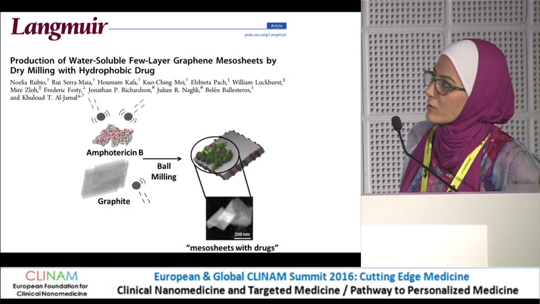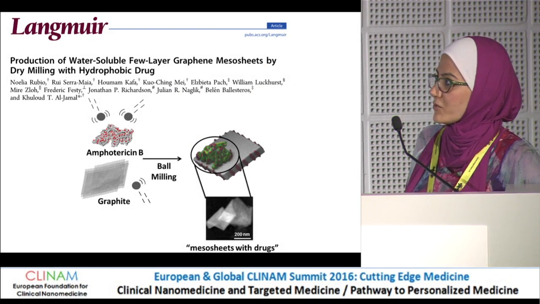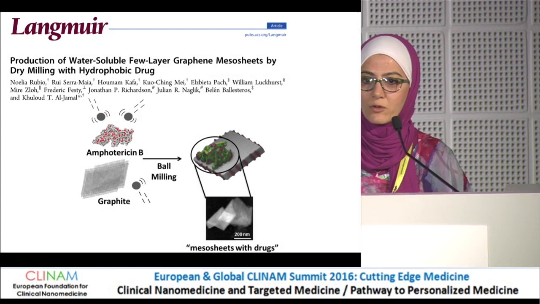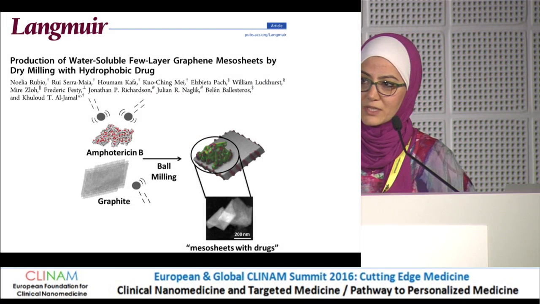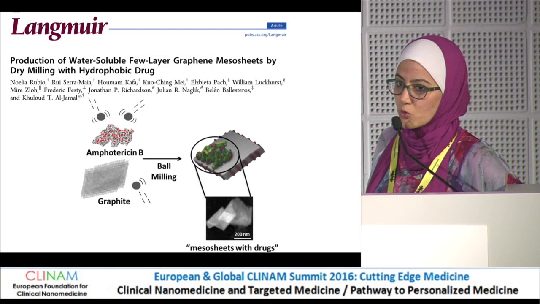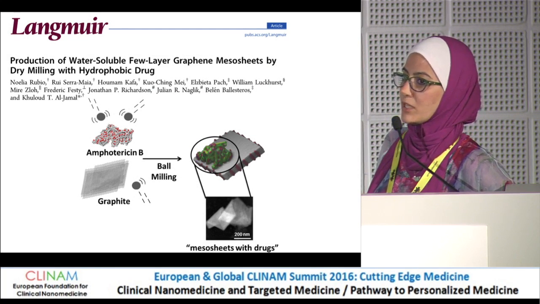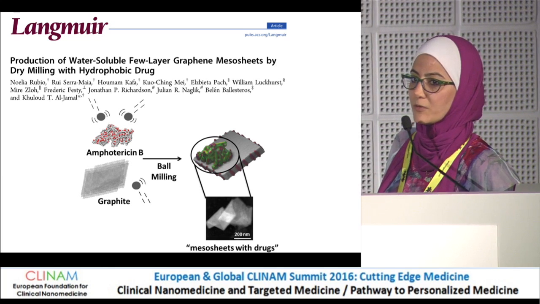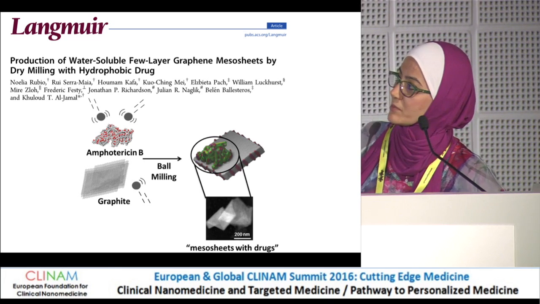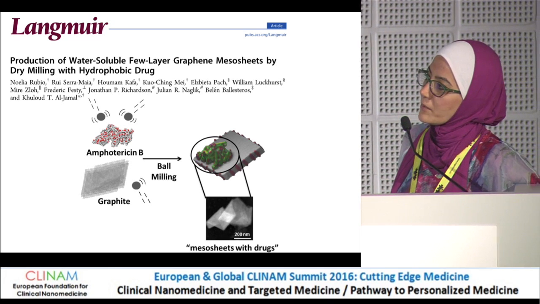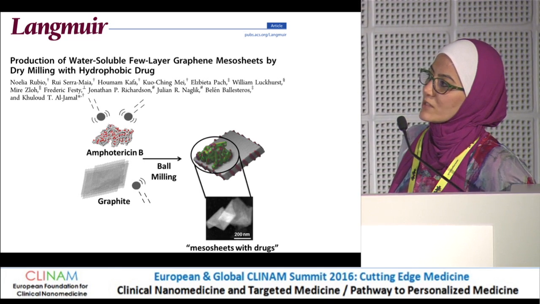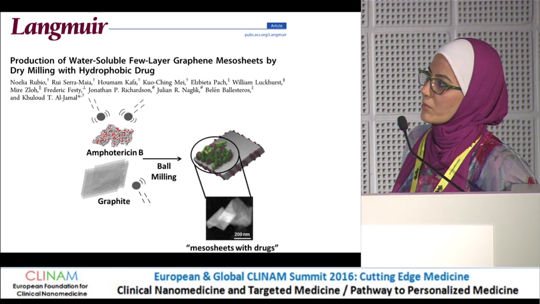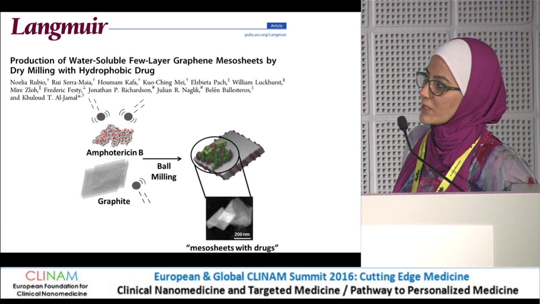We've done quite a few studies over the past few years, and they are all focused on making the material and characterizing it before we are able to employ it for delivery of the drug, because failure can simply happen if we don't understand the properties of this material. Here, what we wanted to achieve is to deliver some drug molecules and at the same time break the graphite into smaller water-dispersible material.